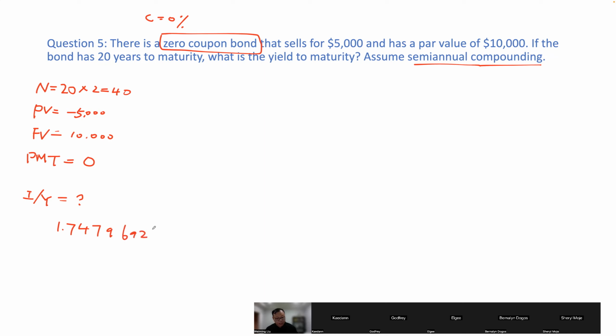Yeah, good job, Brittany. You're right. Make sure you understand that this rate calculated is semi-annual compounding. If you say the APR, you have to times 2. So you times 2, 3.4959, so it's almost 3.496%.